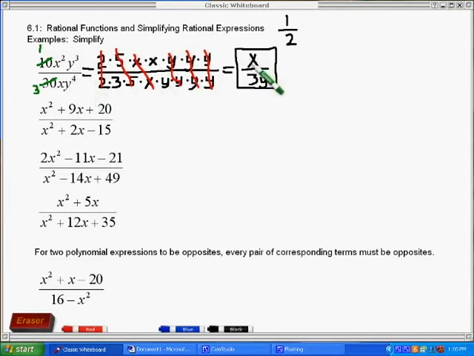It's a lot faster. The reason why I did this example first, though, is because when we are simplifying rational expressions, our first step should always be to factor. So let's just make a little note here. Note: always factor first.